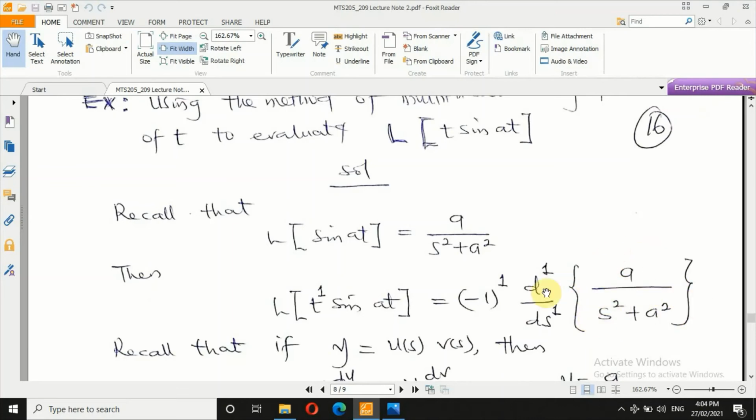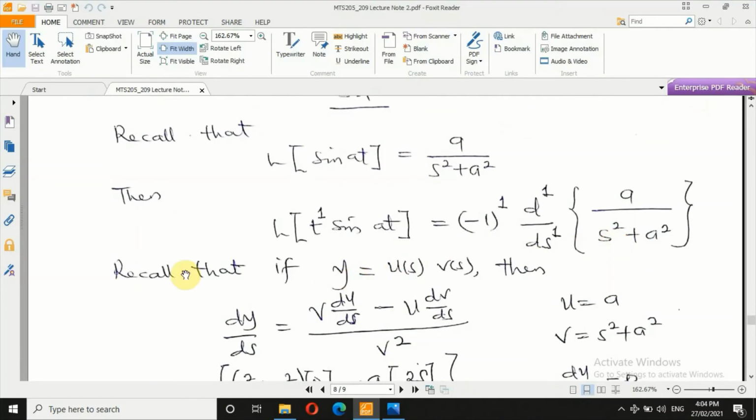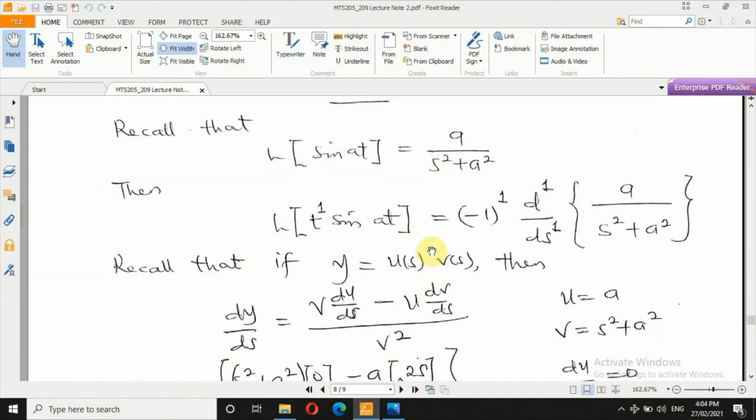How do we differentiate it? Look at it, this is a quotient. We have u, we have v. Take note that there is division here. So the derivative is v du ds minus u dv ds, over v squared.